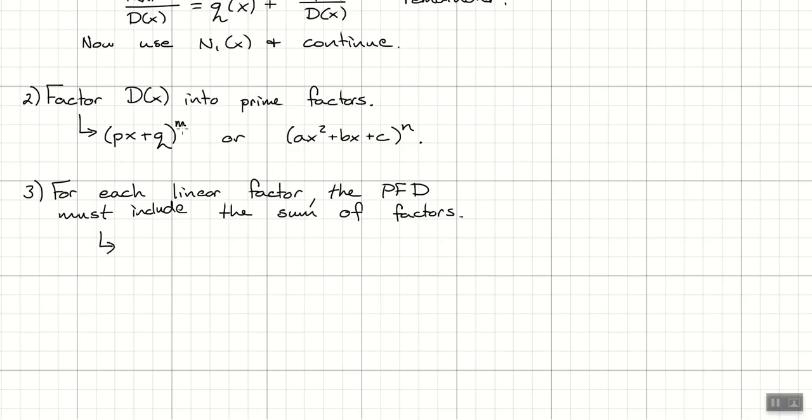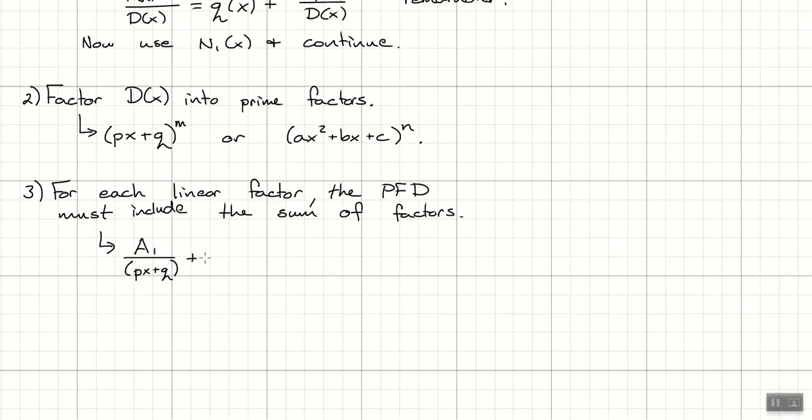showed up m times. The way that we're going to sort this out is we're going to take, there's better language, we'll work this out, but check it out. We have a1 over my first linear factor plus, and then this is where we'll have to really refine this language.